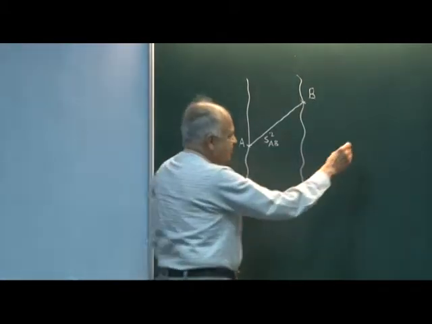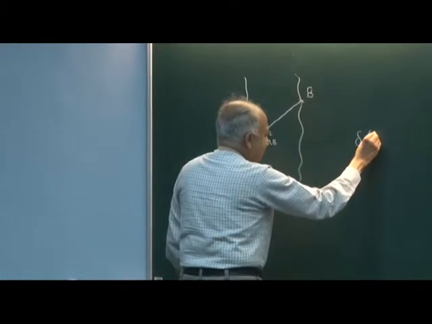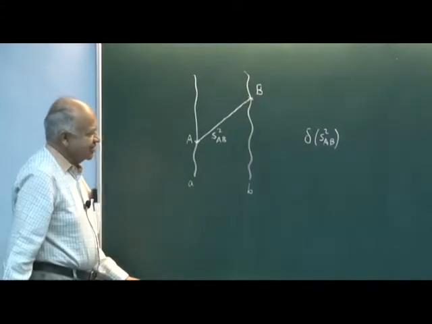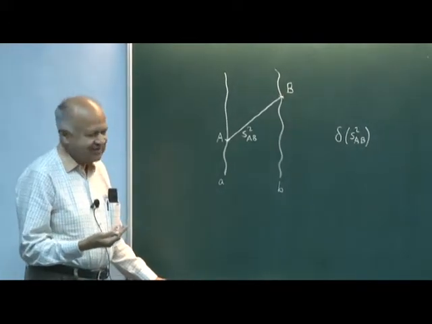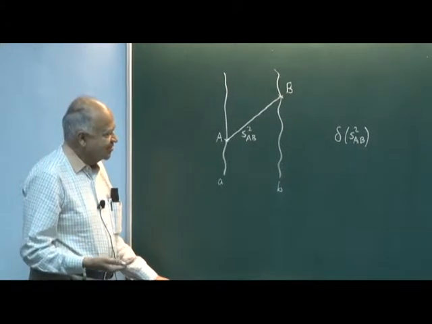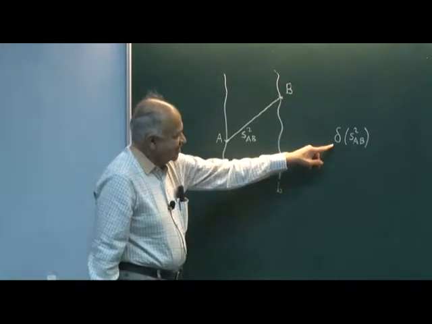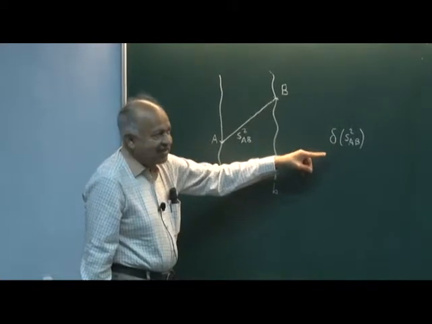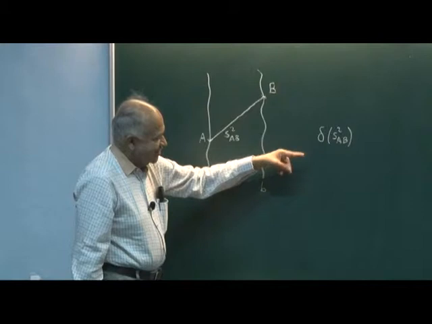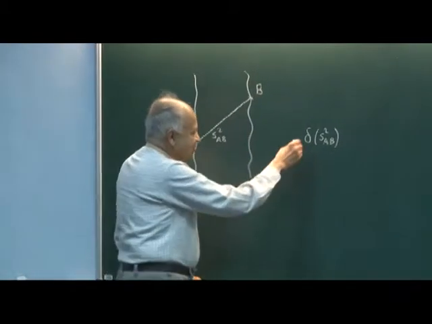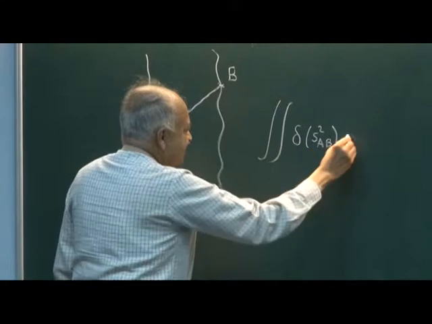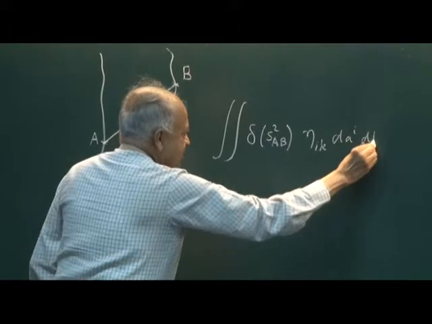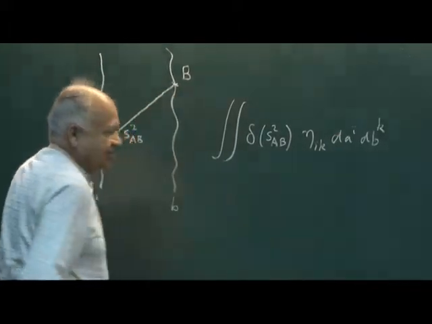So, when you write delta of S square AB to indicate that you are talking of action at a distance at the speed of light, so that here this interaction which is defined by delta S square AB, you remember I had written up that integral for this, which was something of that kind.